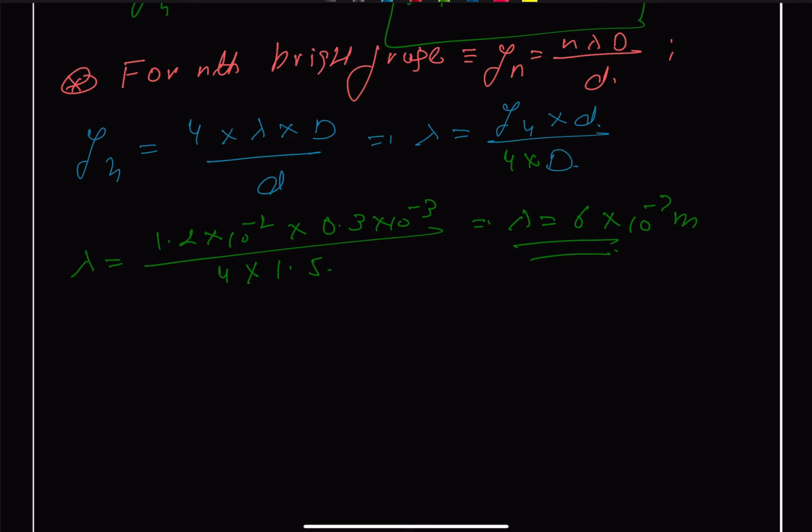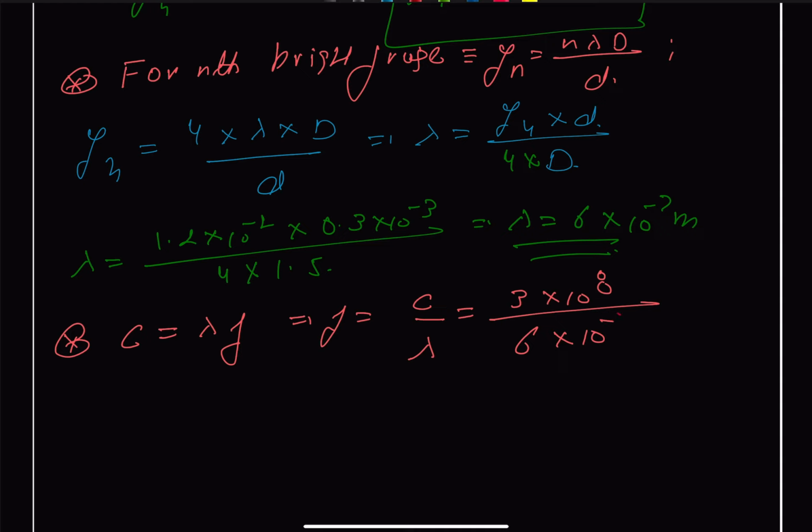And we need to find out the frequency. We know that the speed of light c is equal to lambda times frequency. So frequency is equal to c upon lambda, and this comes as 3 into 10 to the power 8 divided by 6 into 10 to the power minus 7. So we get frequency f equal to 0.5 into 10 to the power 15, that will be 5 into 10 to the power 14 hertz.